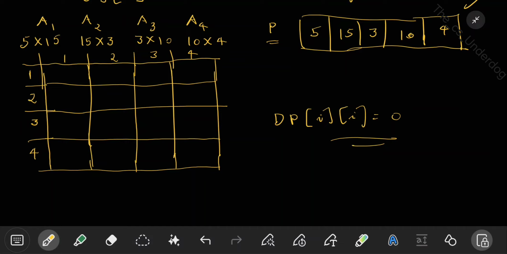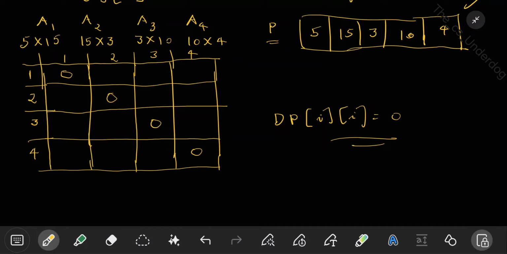Where should you put this 0? dp of 1, 1 is 0. 2, 2 is 0. 3, 3 is 0. 4, 4 is 0. This is your base case. This is because in all these cases, there is only one matrix involved. So there is no particular multiplication to be done. So the total number of scalar multiplications is 0.